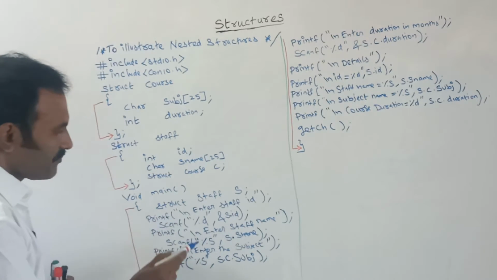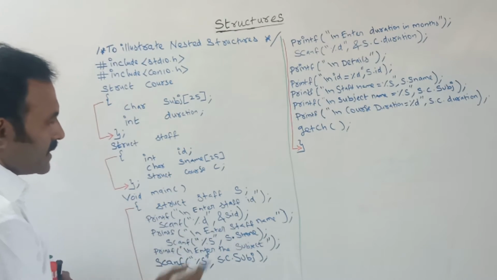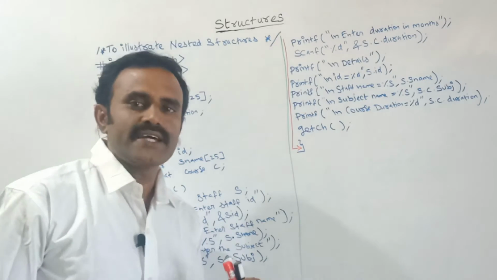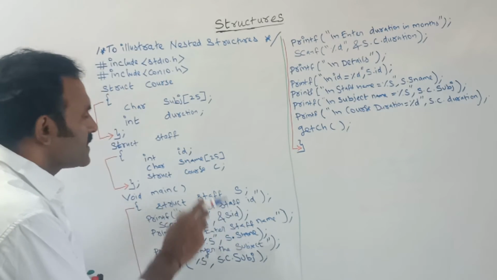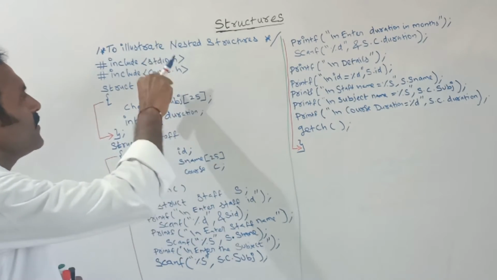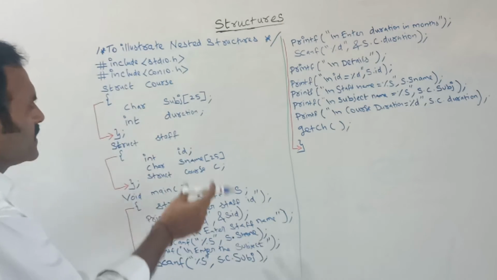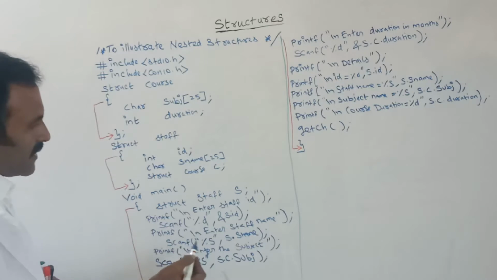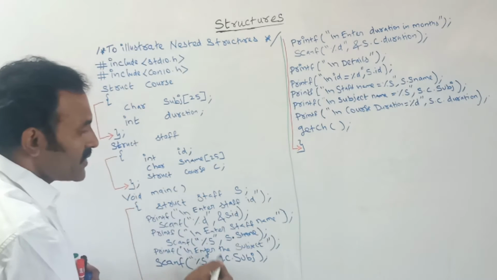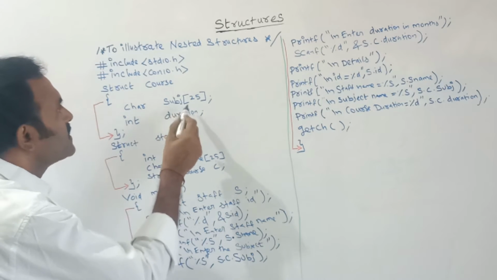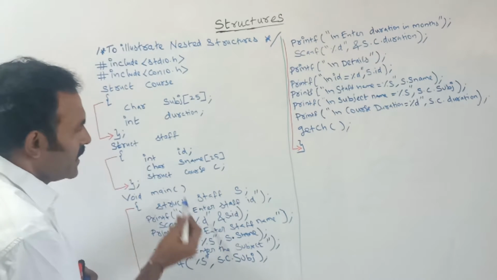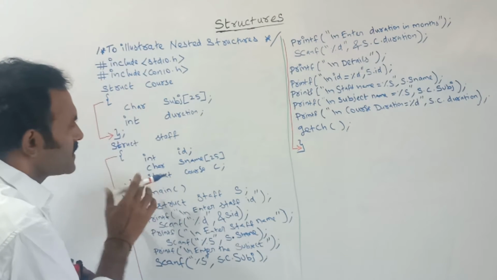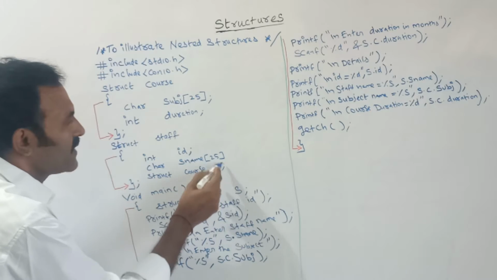Next, now I am getting the subject which is handled by that staff. So where is that subject? The subject is in the structure course. It is outside of this structure, that is course. Now I need to store the values for the subject inside the course. Here, in the second structure I had created the structure variable for this course.